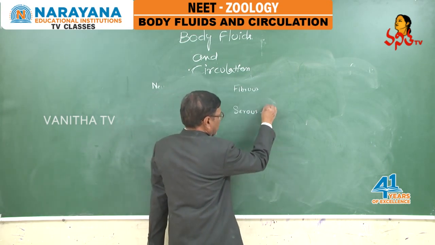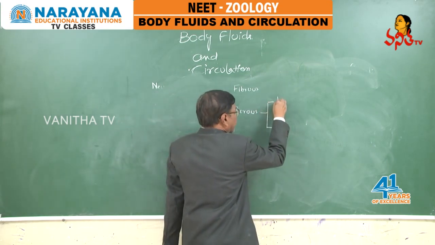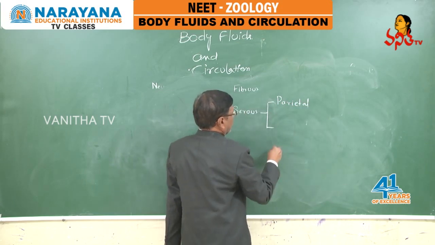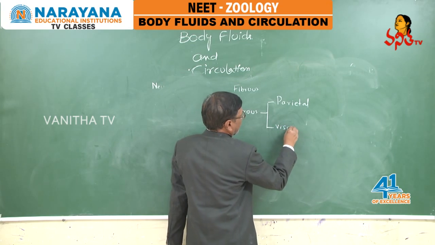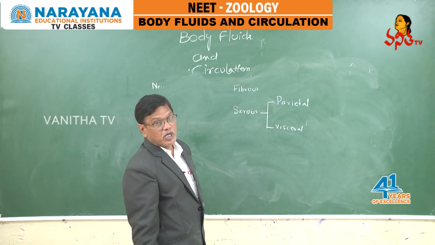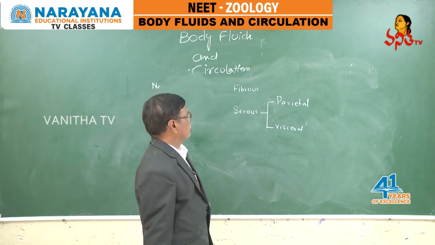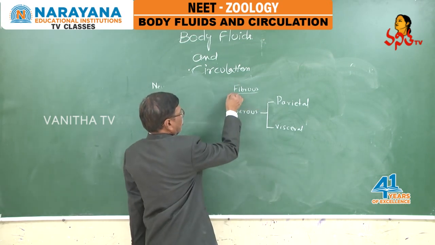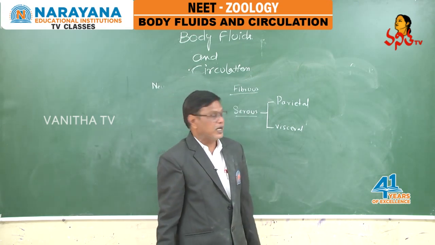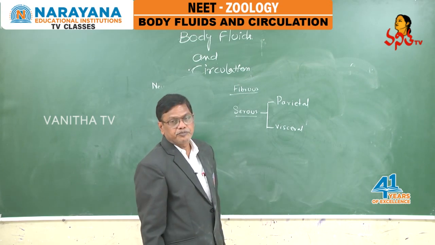The inner serous is again divided into parietal pericardium and visceral pericardium. These are the pericardial layers. Don't confuse them with the layers of the heart wall.